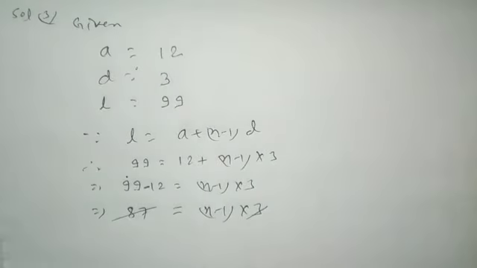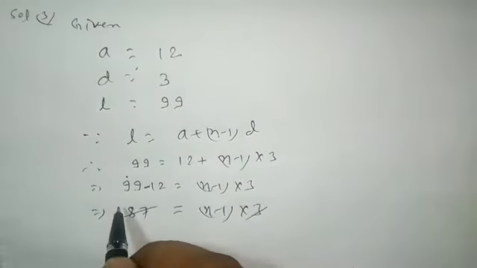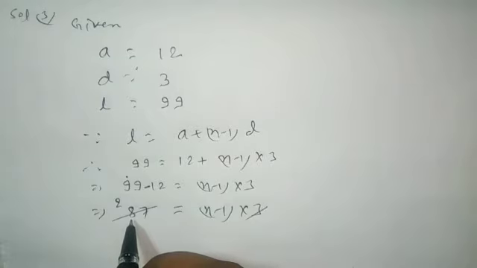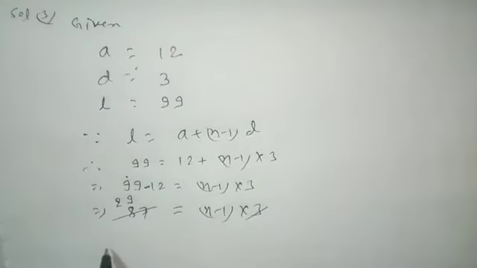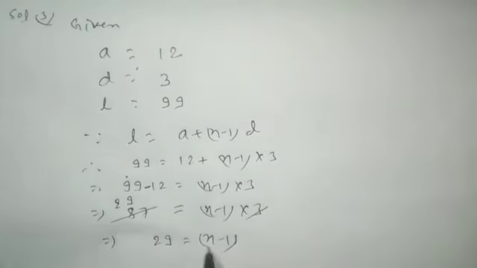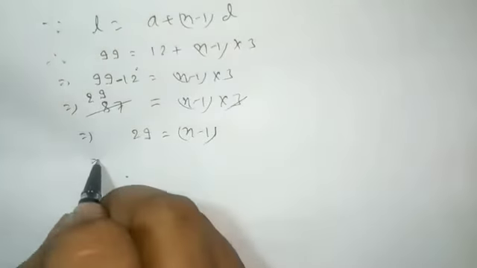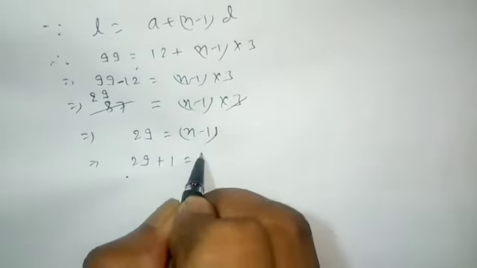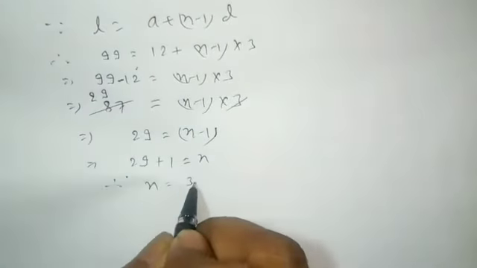Now we divide 87 by 3: 3 2 are 6, 3 9 are 27, so 29 is equal to n minus 1. This implies 29 plus 1 is equal to n, therefore n is equal to 30.